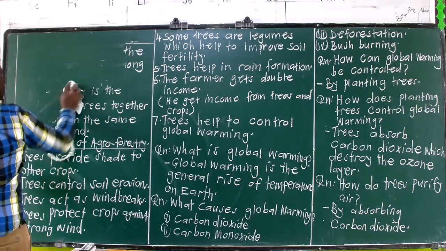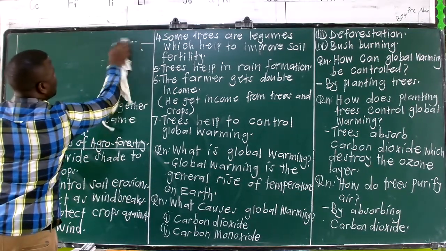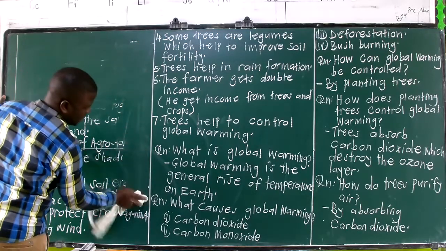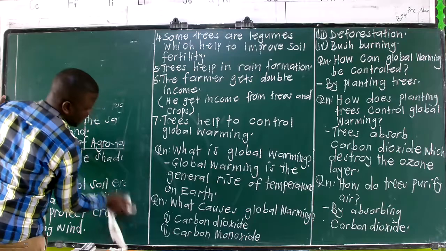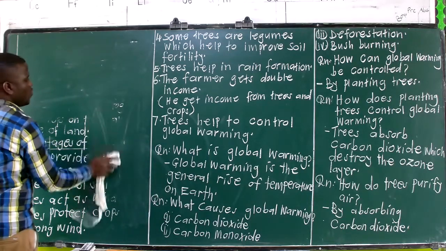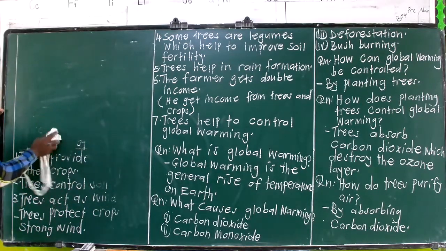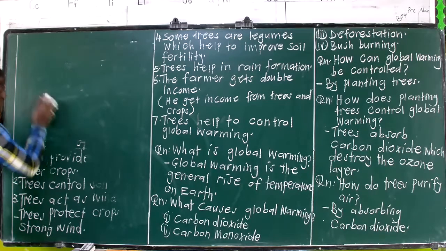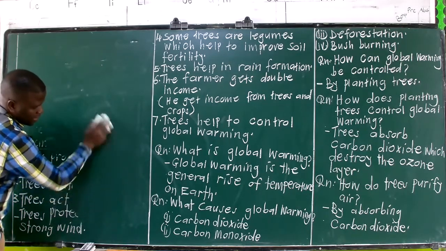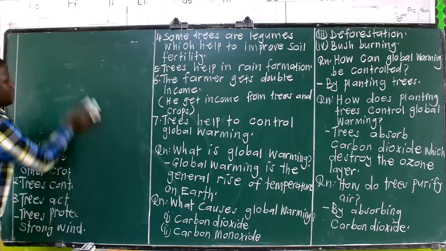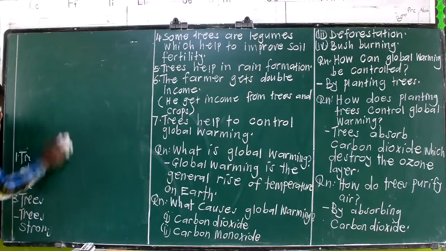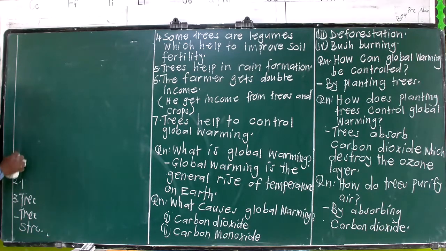So because of that, we are supposed to plant trees and protect the environment. That can help us to control global warming. If you cannot control global warming, then the earth is not going to be a better place to live. So we must control global warming by planting trees, and these trees will absorb carbon dioxide and other gases.